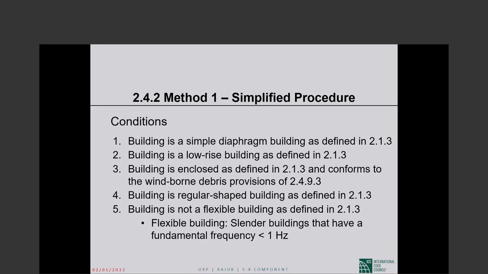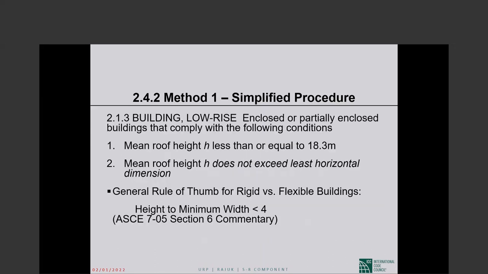So, enclosed buildings only. The building is regular shaped, and that is defined in section 213 of BNBC. It does not tell you much, but anyway, it's worth reading that definition. I didn't reproduce it. The building is not a flexible building. So the period is less than or equal to 1 second, not a flexible building. Very important.